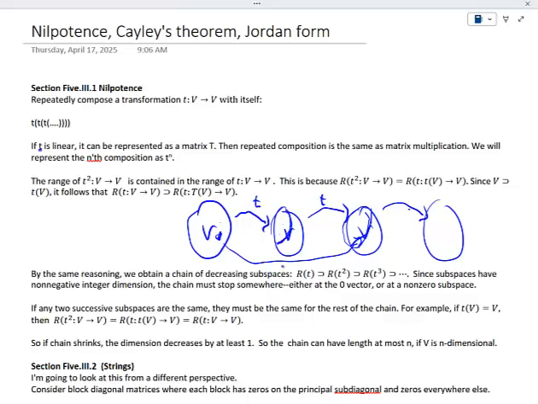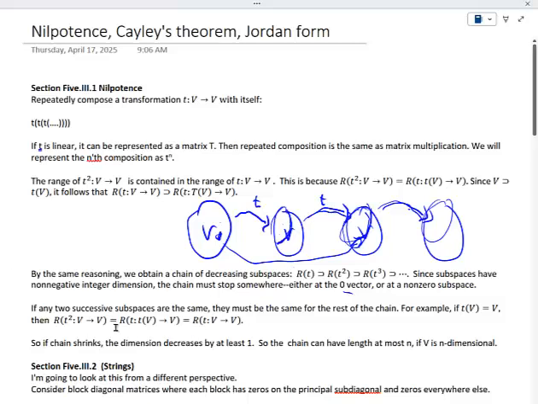If those two subsets are the same, then the image of the subset will be the same. Now, the mapping might not necessarily be the same because you're composing it twice, but all the points in this set will map to points in this set. All right, so you have a decreasing chain of subspaces, and the chain stops at some point. It could stop at the 0 vector, which is the trivial subspace, or it could stop at a non-zero subspace.